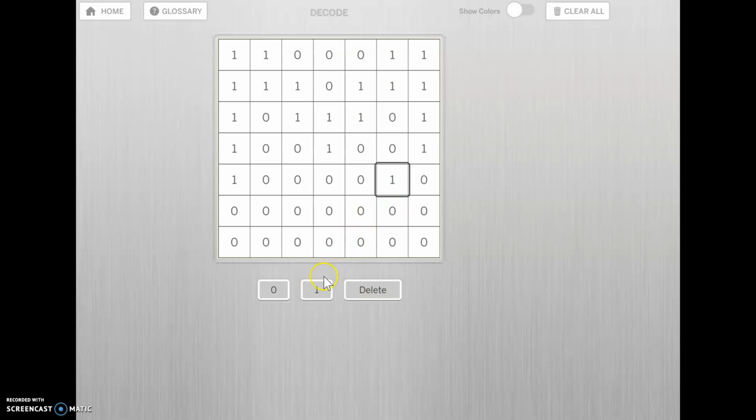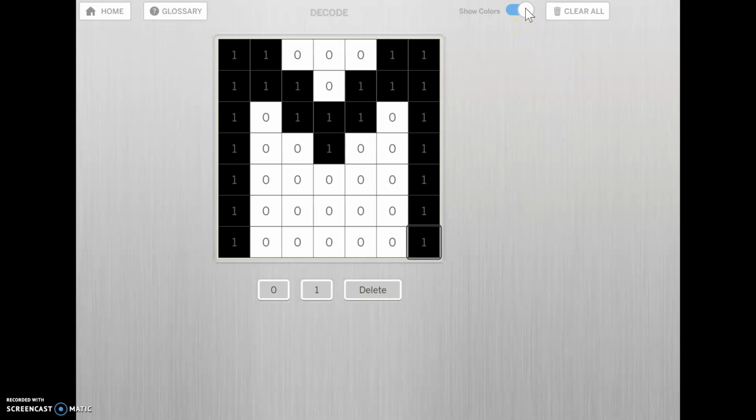Oh, oops, messed up. 0, 0, 1, 1, 0, 0, 0, 0, 0, 1, and 1, 0, 0, 0, 0, 0, 1. Okay, let's click show colors.